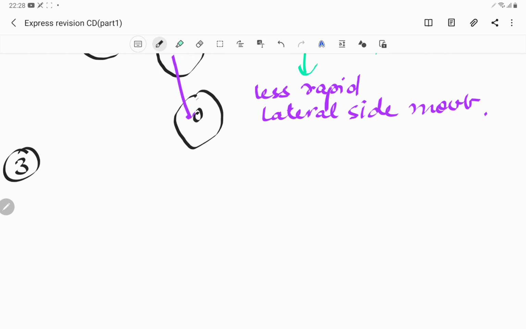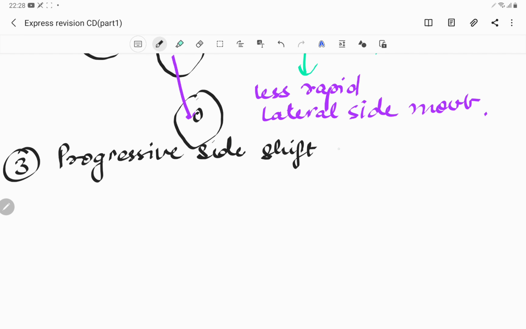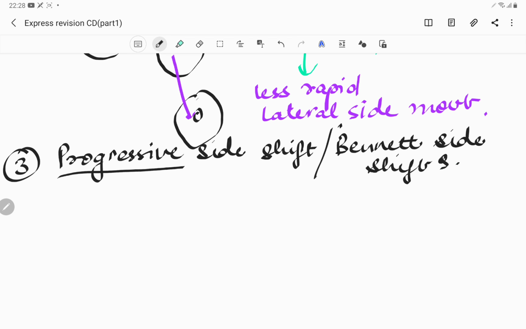Then the third one we have is the progressive side shift, which is actually the Bennett shift, the Bennett side shift, right?